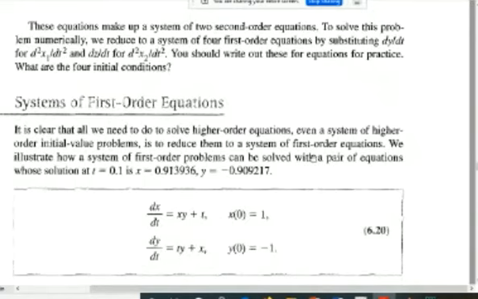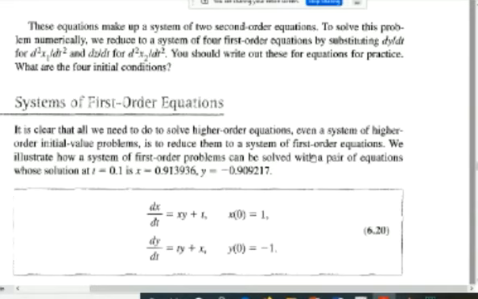So now we focus and concentrate our attention on the system of single order differential equations instead of higher order differential equations, because this is much simpler and we can transform the higher order differential equation to a system of differential equations.